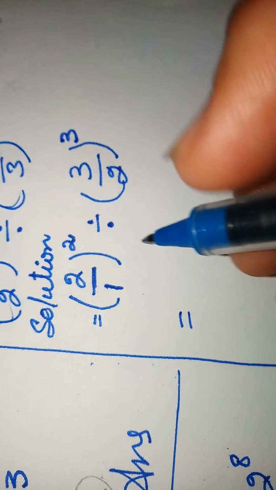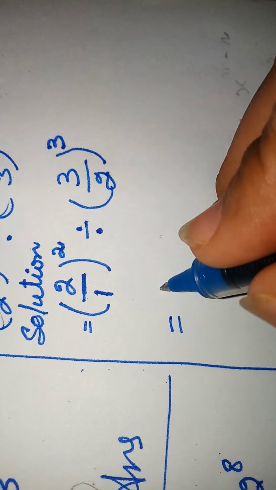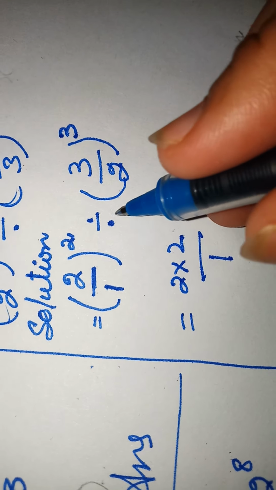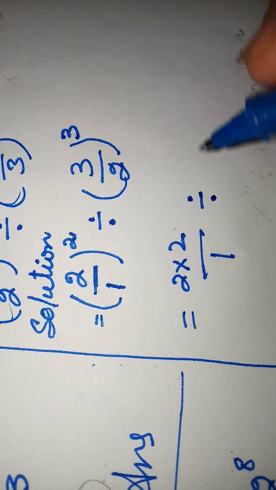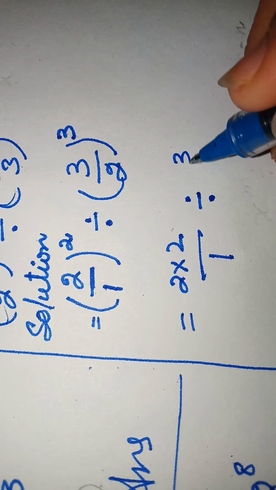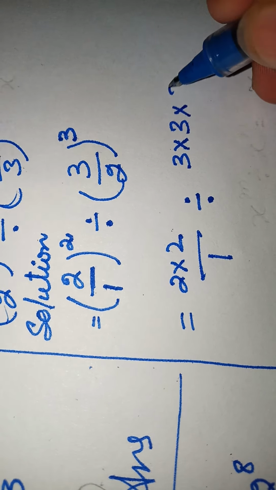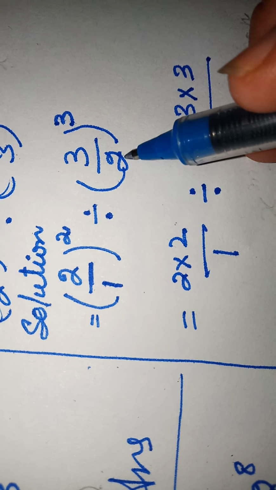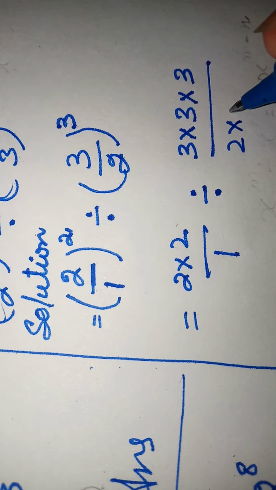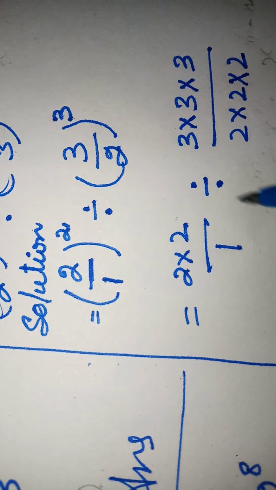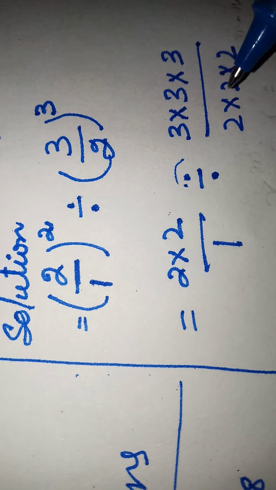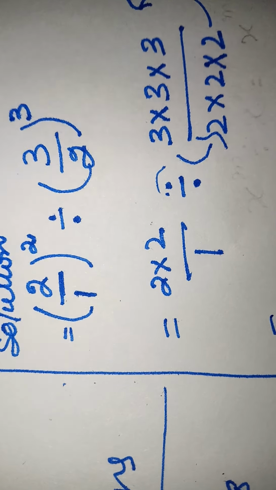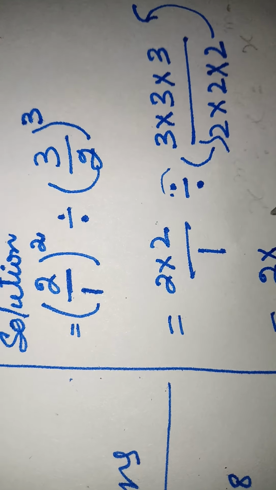Now what we will do, 2 raised to power 2 means 2 multiplied by 2 divided by 1, and here the sign of division, 3 raised to power 3 means 3 multiplied by 3 multiplied by 3, and 2 raised to power 3 means 2 multiplied by 2 multiplied by 2, and when we multiply, it means we will reverse the fraction, we will convert it into the sign of multiplication.